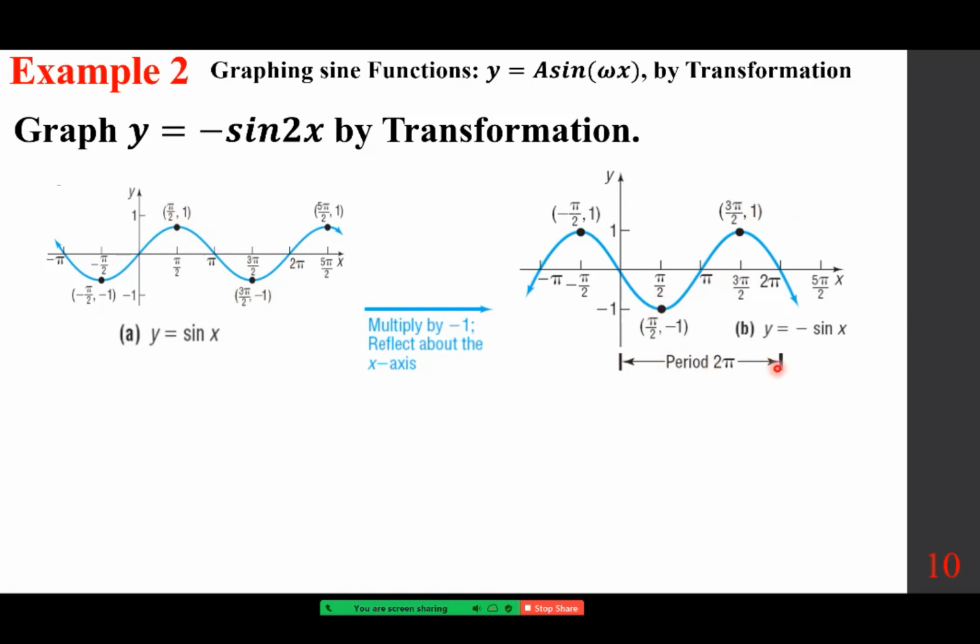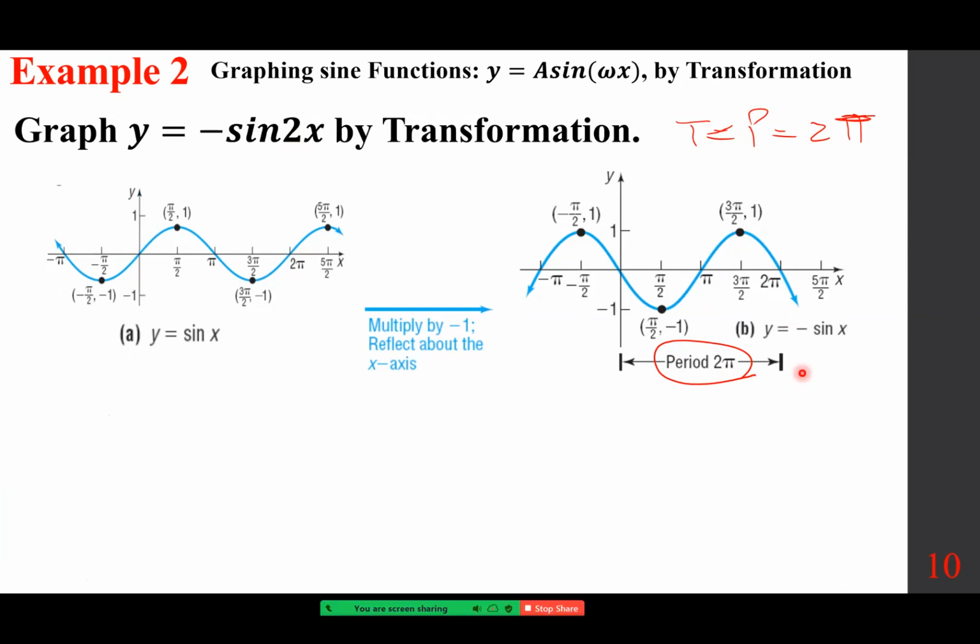Now, this has the regular period T equals 2 pi; some books call it P, depending on the text. However, the next thing is to look at the 2, which means horizontal compression, or contraction, by a factor of 1/2.